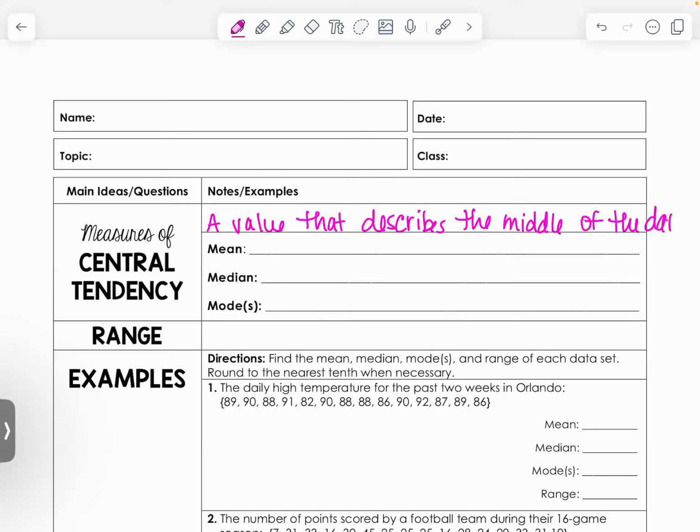So a measure of central tendency: where's the middle? Let's kind of start backwards. What did we say the mode was? Mode, the most amount of numbers. Sure, go ahead and go to the bathroom if you want to.